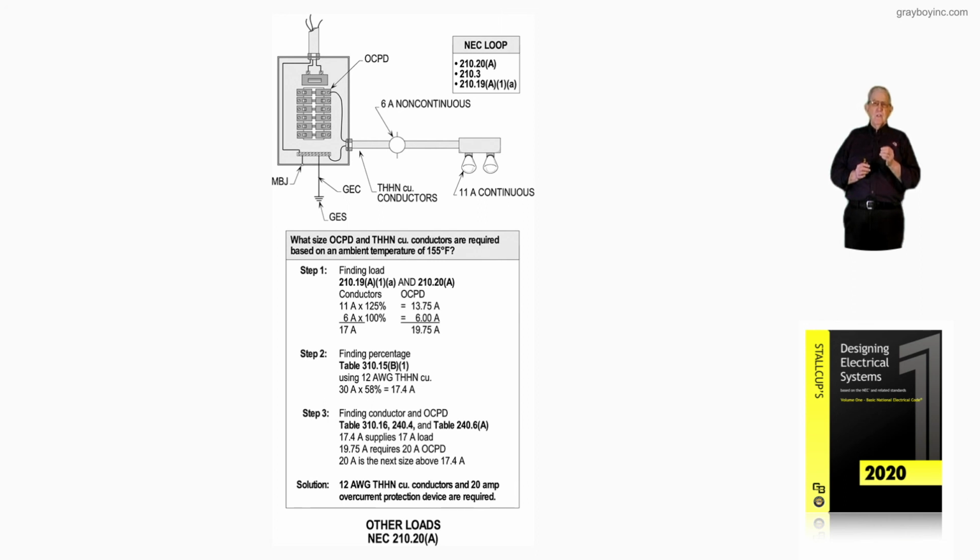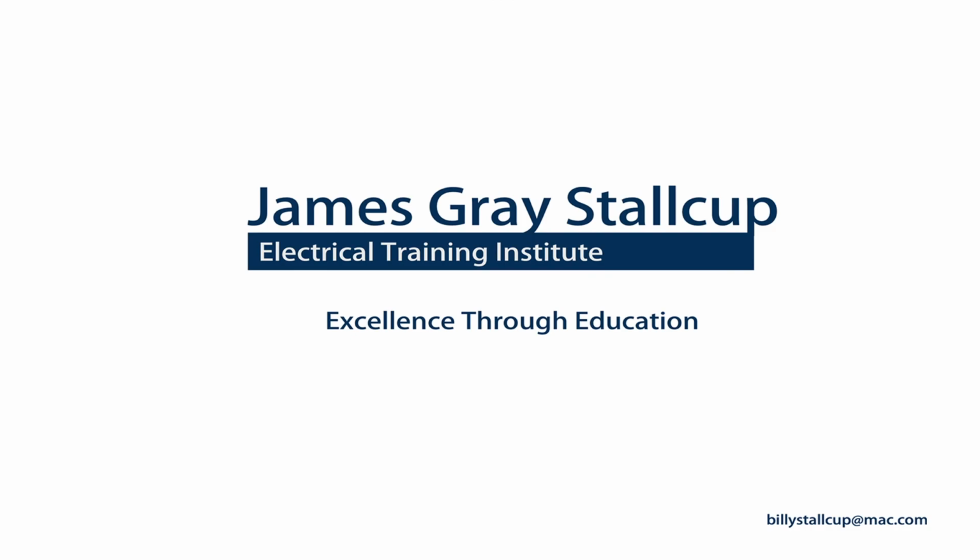So the solution and answer is number 12 THHN copper conductors. A 20 amp overcurrent device would be required for that branch circuit based upon its conditions of use. And that's what our figure 14-20 is illustrating.